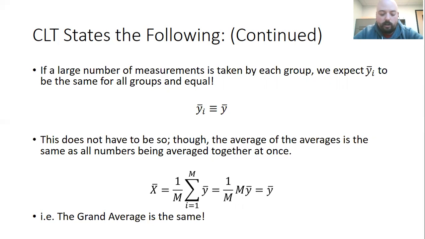It doesn't matter if we take the average of each group and then average them together. Again, this is the same as taking the entire group's list of measurements and simply taking the average of all of them together.